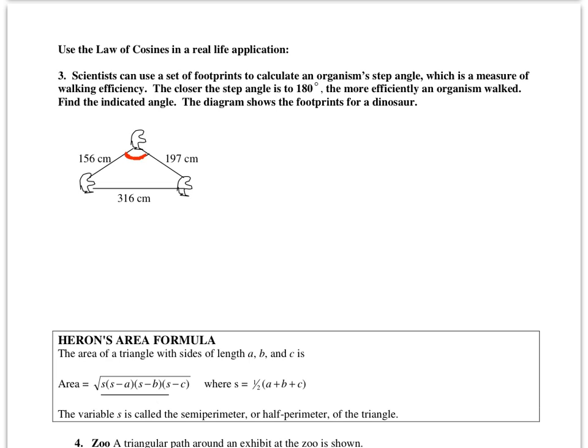But if this is the angle right here that I'm looking for, the side across from it is 316. So 316 is this number, or the side that needs to be alone when we use our law of cosines.